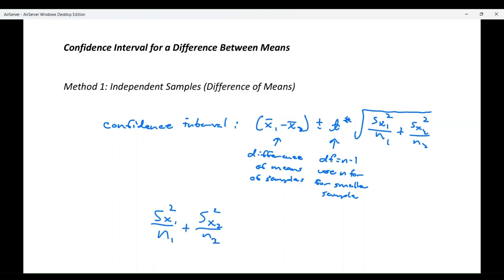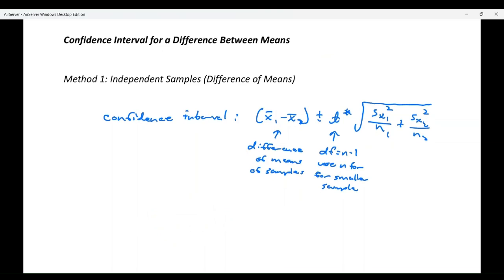We add those together, but those are squared standard deviations, so we take the square root to bring it back from variance to standard deviation. That's what the formula is doing and why it looks the way it does. Beyond that, it's a plug and chug situation. You've got all the information, you plug it in, and that gives us the confidence interval.